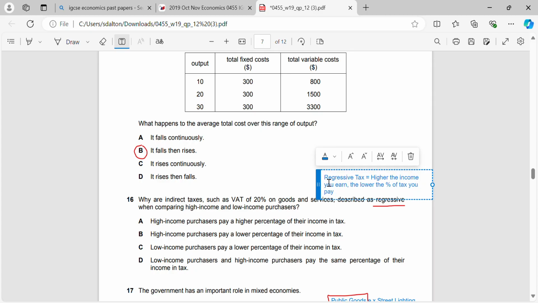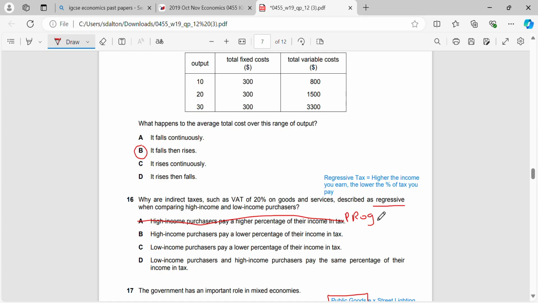An opposite effect for a lower earner. The lower the income you earn, the higher the percentage of tax you pay. Right? So high income earners pay a higher percentage of their tax. That's not regressive. That is progressive tax, which is the opposite of regressive.